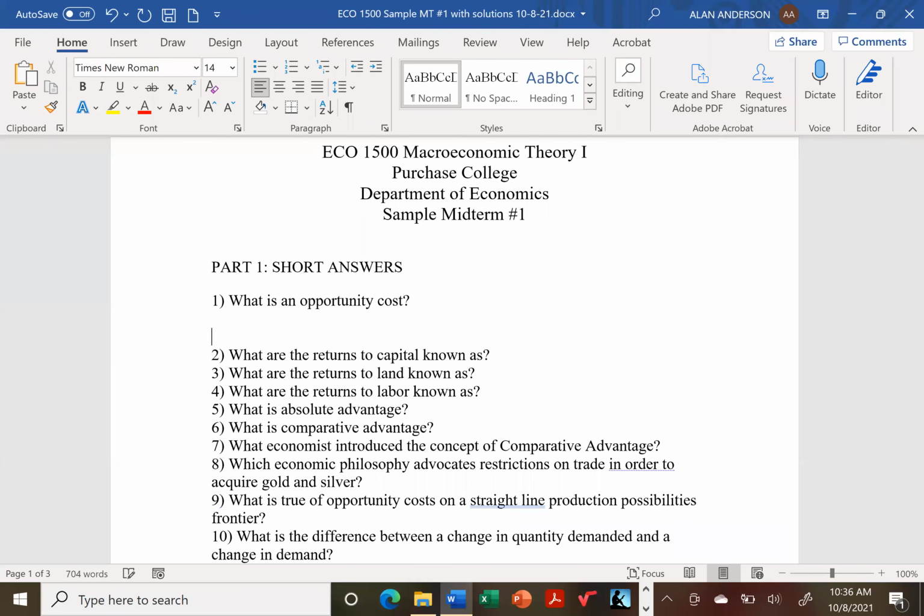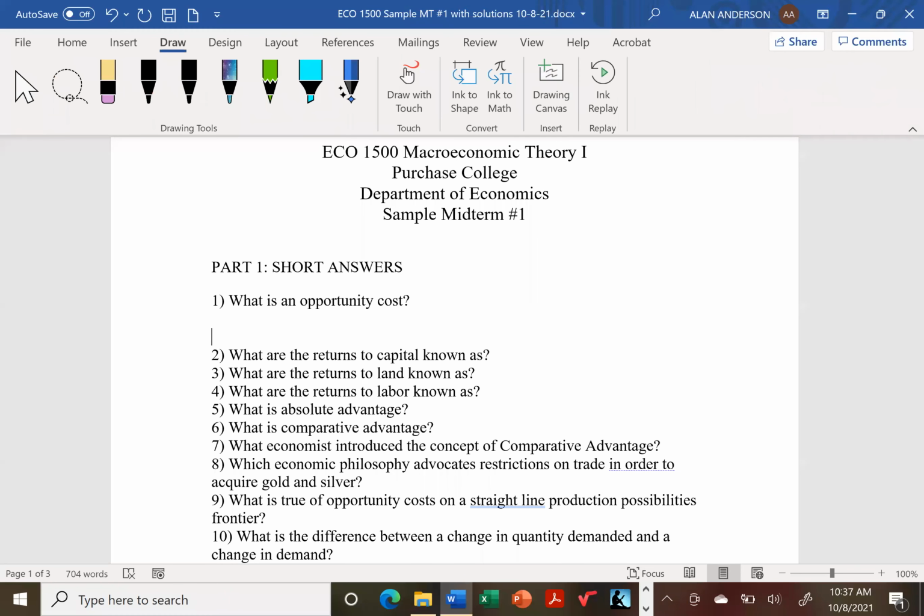Let's begin at the beginning. Now, these are the short answers. With short answers, since you're writing English words and sentences, there are a lot of different ways of explaining these concepts. Unlike the word problems where there's realistically only one answer, here I can give you a lot of slack as long as you make it clear that you understand what the concept is all about.